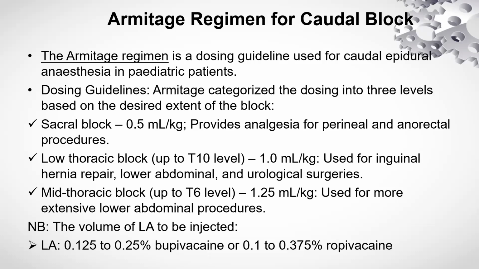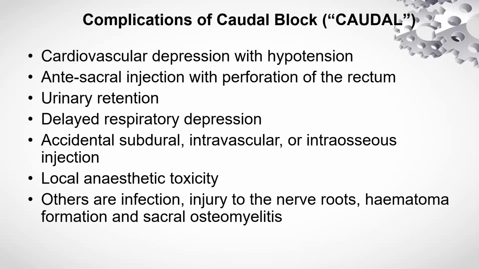For a sacral block, give 0.5 ml per kg. For low thoracic, give 1 ml per kg, and for mid thoracic, up to 1.25 ml per kg.